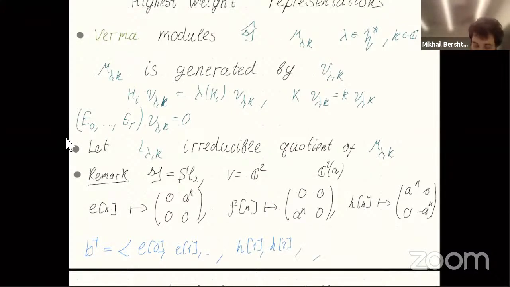So it has both E's and F's. So if we take, as usual, the highest weight vector, which is the first basis element, it will be killed by all E's, but not killed by any F's. And F's are here.